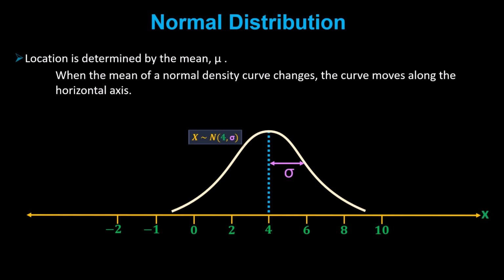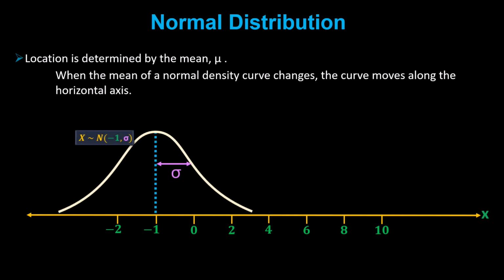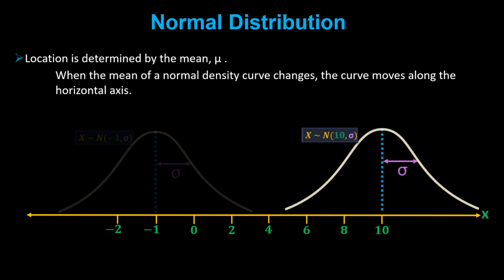This one mean is 4 and I change it to negative one. You see what happened? It moved along the horizontal axis. Then I change mu to 10, keeping sigma the same. Then it moves to your right side. So therefore the mean is called the location parameter.